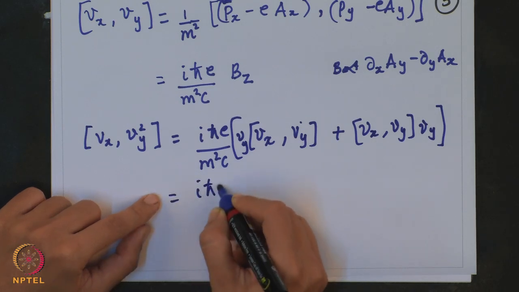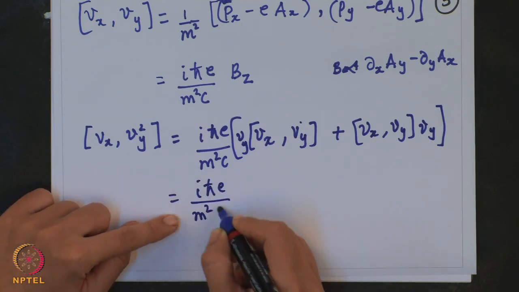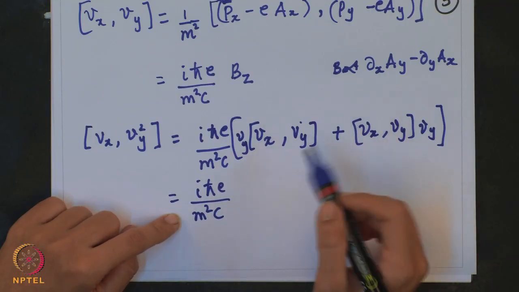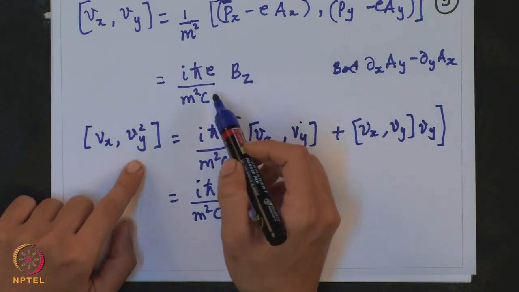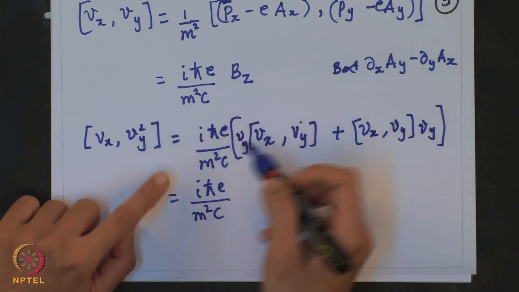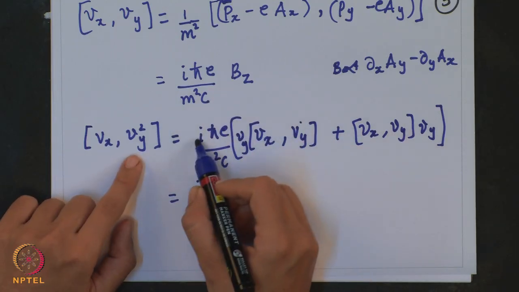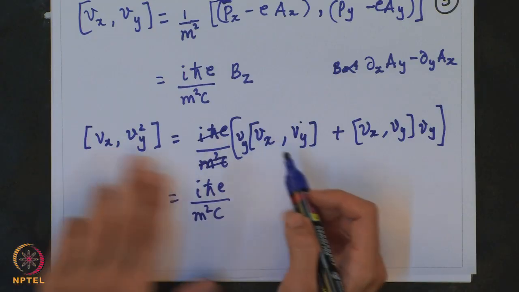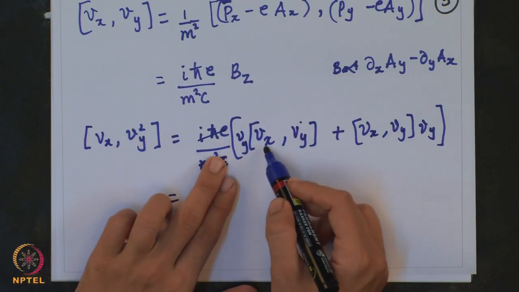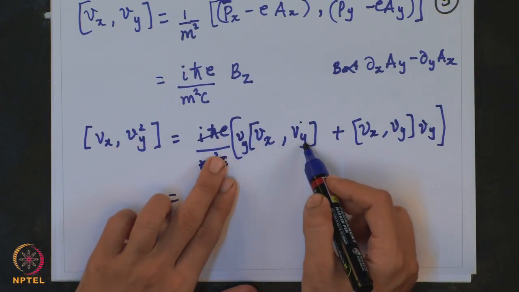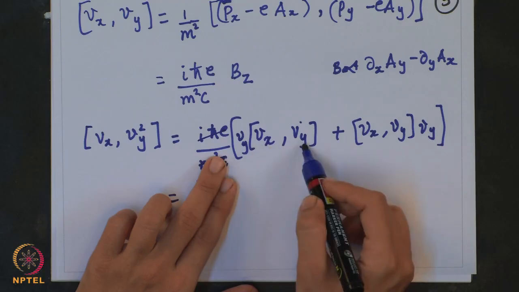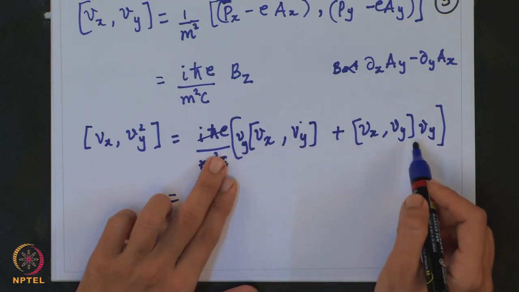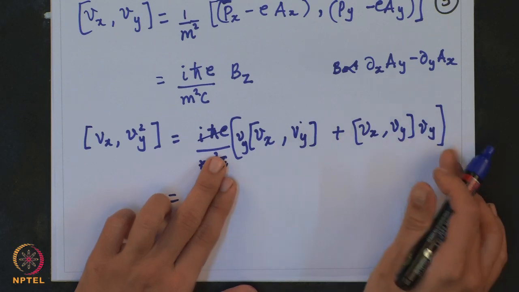So, i h cross e upon m square c, this we have already. This will be written as Vy Vx plus the commutator of Vx with Vy on the left, the commutator of Vx Vy with Vy on the right.